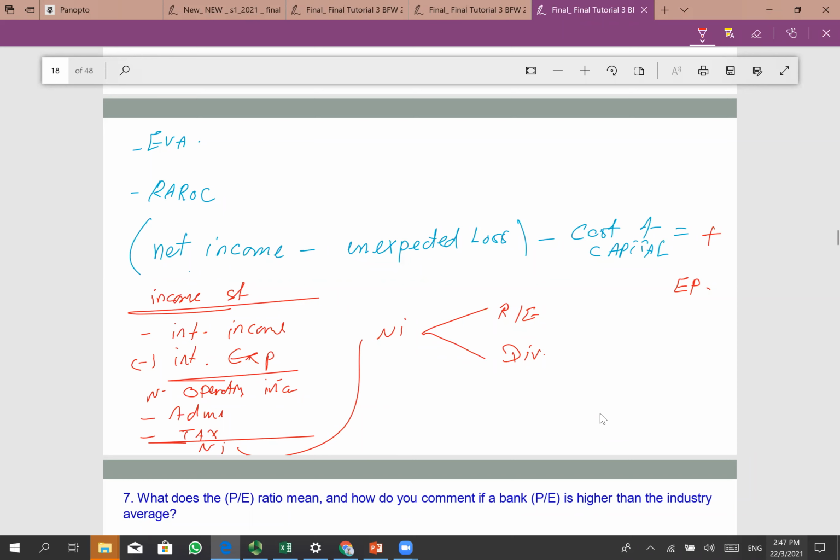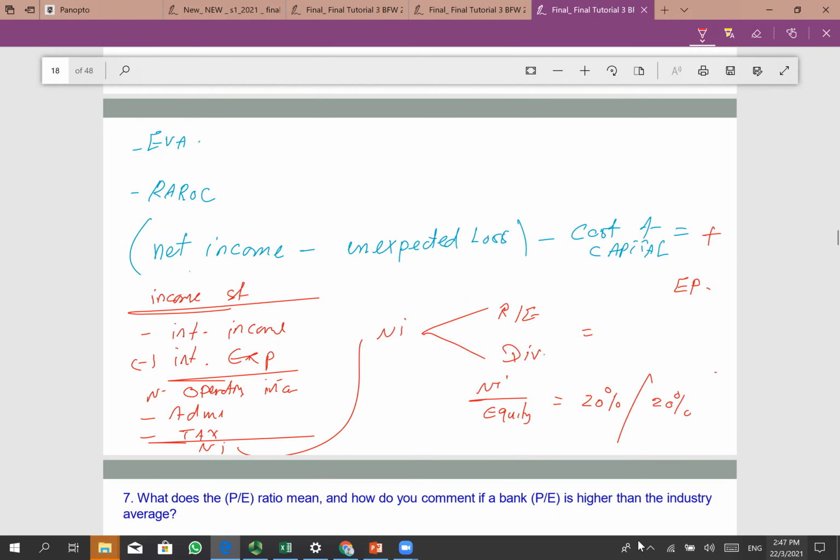And the net income now, if, for example, the net income over the equity is 20%, and the cost of capital for my company for new shareholders is 20%, so there is no economic profit.